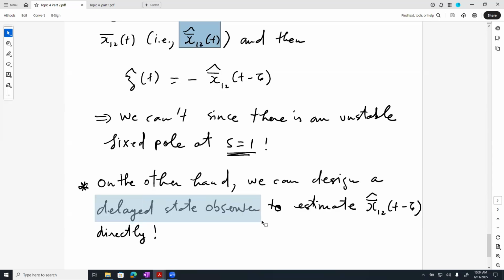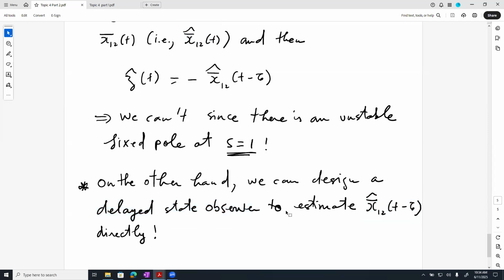Now, what do we mean by a delay stack observer? A delay stack observer is what we come up with when we estimate directly. There are methods which we developed based on the stack transformation approach and all of that, which I will go over in a numerical example in part 2, topic 5.